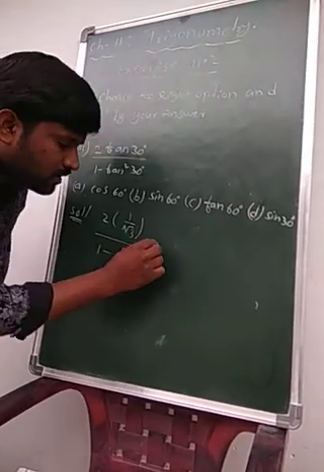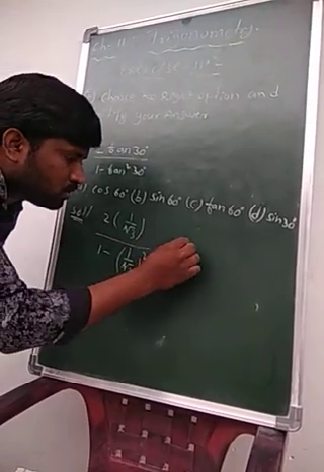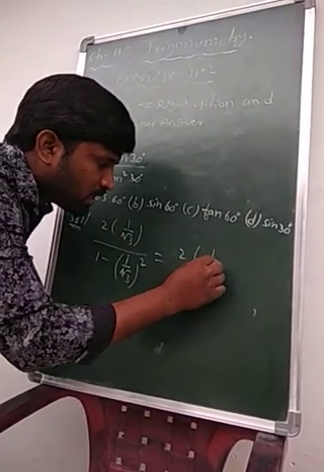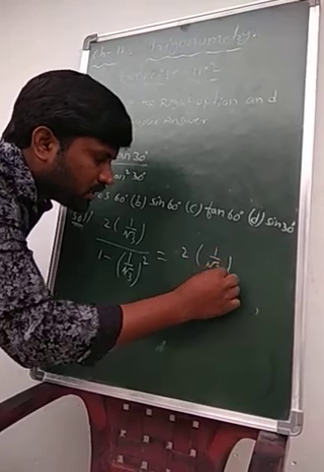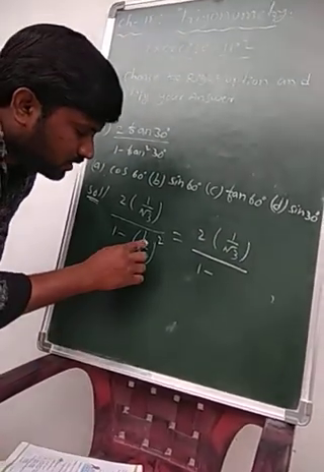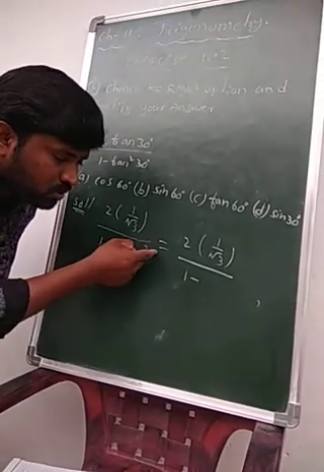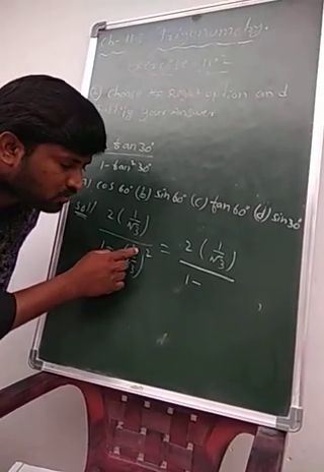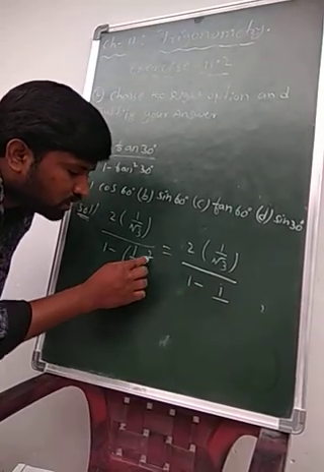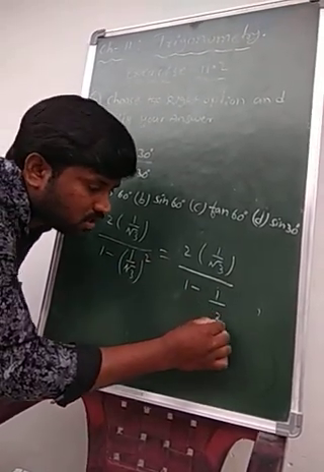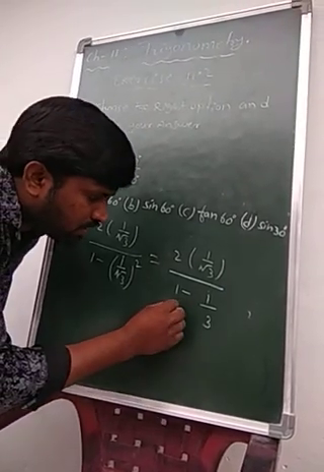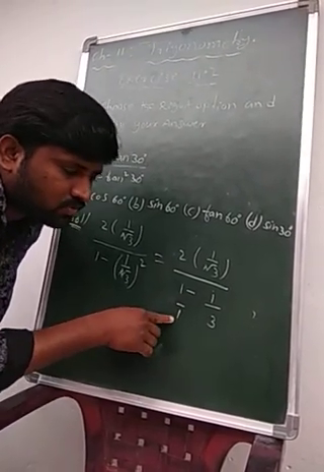Okay, now in next step 2 of 1 by root 3, as usual I am writing 2 of 1 by root 3 by 1 minus 1 by root 3 whole square. First of all individually 1 whole square means that is 1 only, by root 3 whole square means that is just 3. Okay, now simply I am taking the denominator as 1.